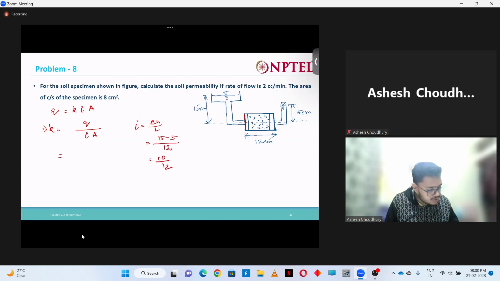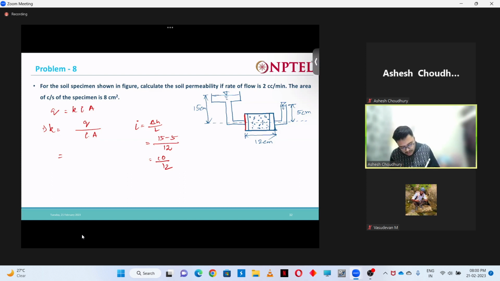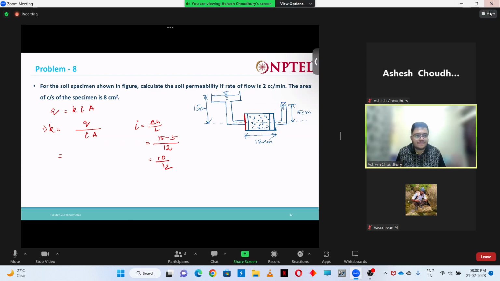So it comes out to be 0.3 centimeter per minute. This way we found that the soil permeability is 0.3 centimeter per minute.